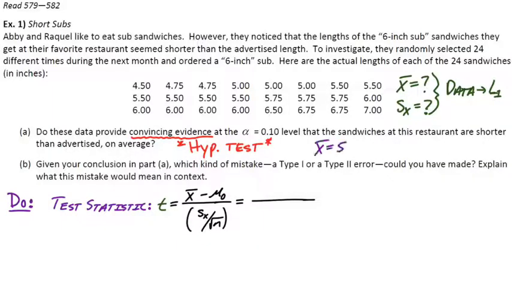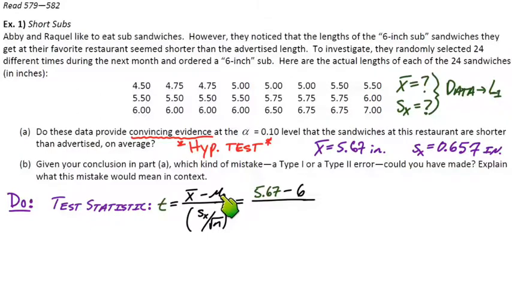So let's get those numbers down here. Our sample mean, the mean of these 24 data points, is 5.67 inches. And then the standard deviation of this sample, right, these 24 sub-sandwiches, would be 0.657 inches. Okay, so now we're ready to calculate our t-score for our test statistic. So sample mean, we just found that, 5.67.